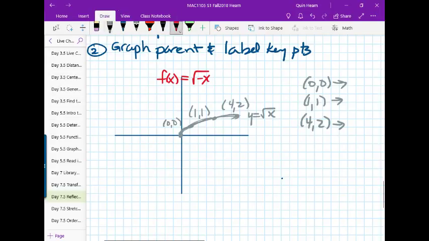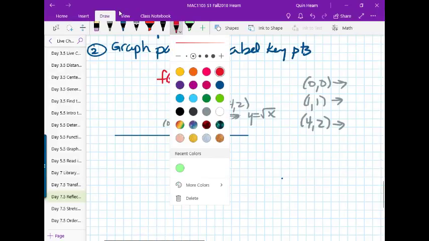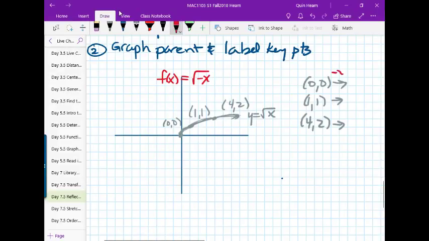Okay, the change that's occurring here is to change every x to a negative x. So the opposite of 0 is still 0, so that stays the same. The opposite of 1 is negative 1. The opposite of 4 is negative 4. So we're going to plot (0, 0). We're going to plot (-1, 1).